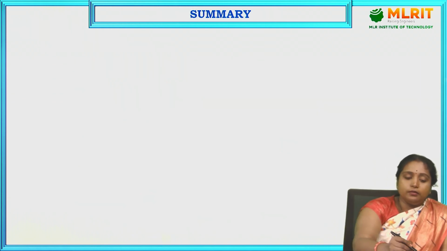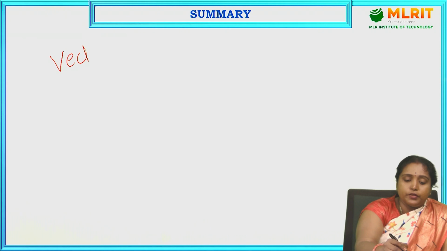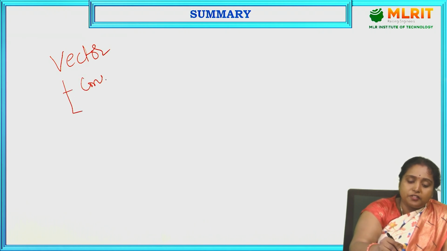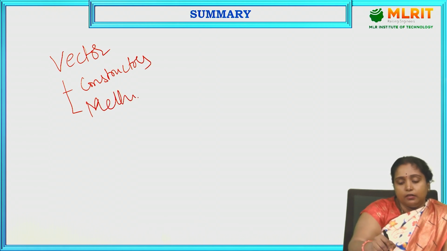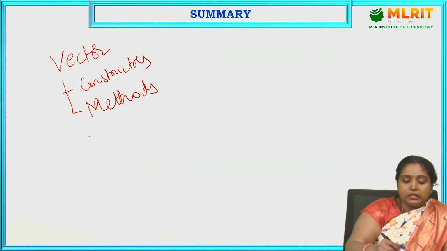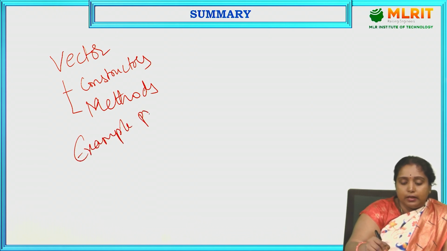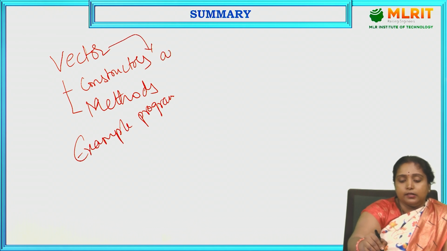In this session, we have seen 2 classes. The first one is the vector class. What are the constructors, what are the methods present in the vector class, and we have seen an example program for the vector class. It is the same as ArrayList, but it is synchronized.